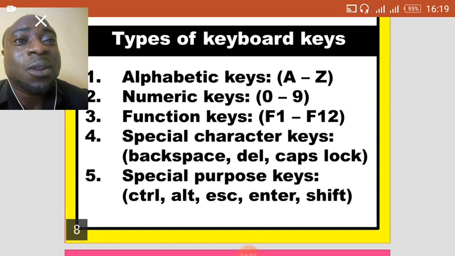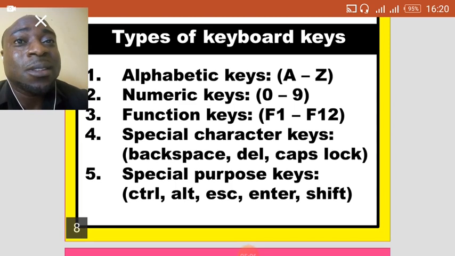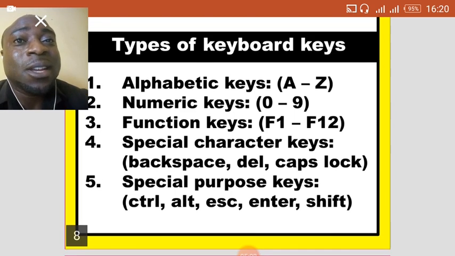If you look at the computer keyboard, I believe you know that you can press numbers, you can press letters A to Z. So what do we call these names of keys on the keyboard? Let's start from the first one, which we call alphabetic keys. That is letter A to Z. Alphabetic keys are the keys ranging from letter A to Z.